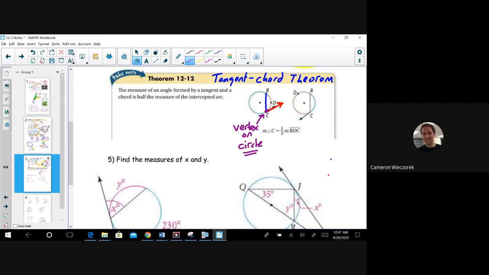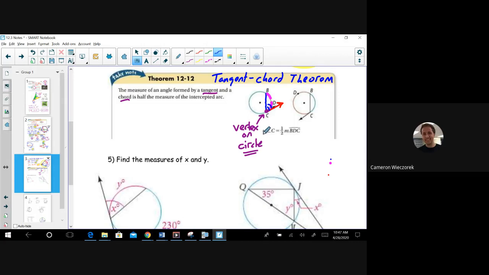So what this theorem says is that the measure of an angle formed by a tangent and a chord, like the blue segment I have in the picture and the red ray, is half the measure of the intercepted arc. And the intercepted arc is still exactly what's squeezed between those two objects. So the intercepted arc here would be arc BC. That arc is 2 times as big as this angle. Okay.